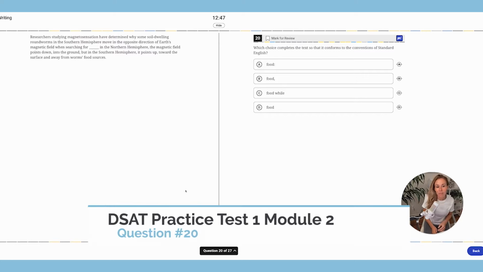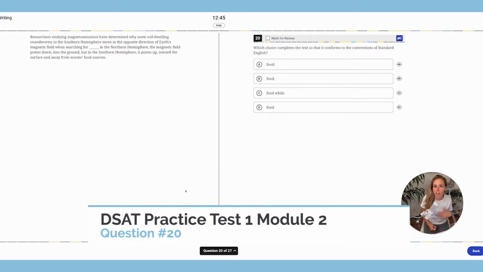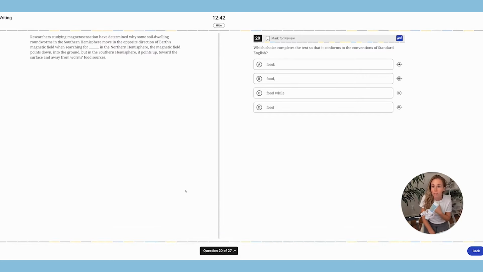The next one, we need to figure out what kind of punctuation mark possibly we need there. So first, I want to see if it's a complete sentence up to food, because maybe then we need a colon. So researchers studying magnetosensation have determined why some soil-dwelling roundworms in the southern hemisphere move in the opposite direction of Earth's magnetic field when searching for food.